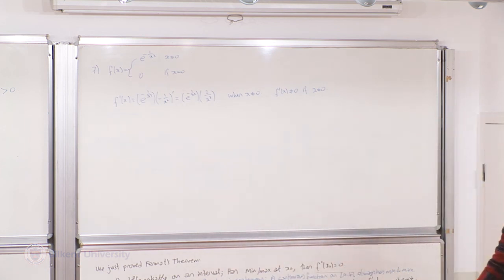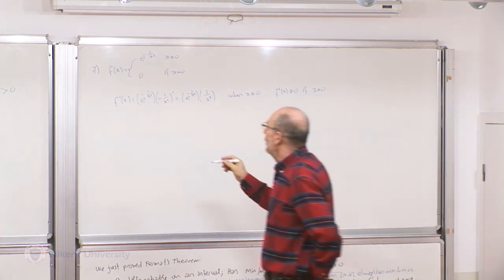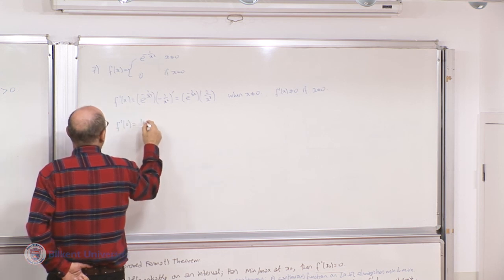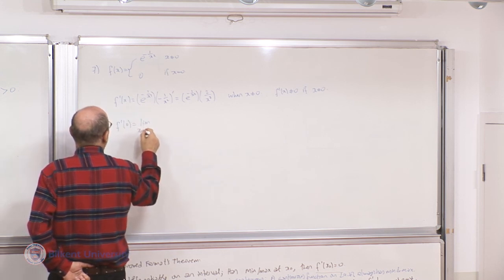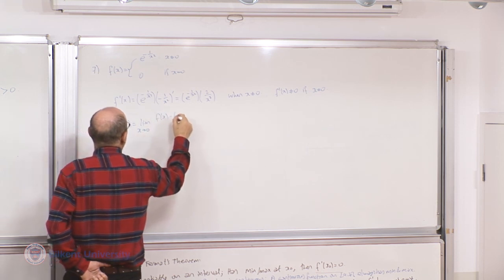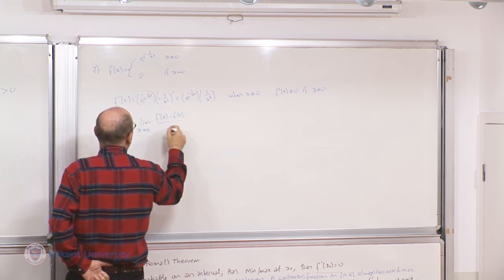Okay, so what do we do now for the derivative at x equals 0? Okay, f prime 0 is equal to the limit as x goes to 0 of f of x minus f of 0 over x.